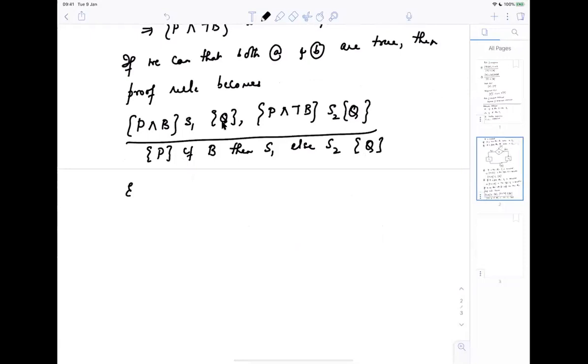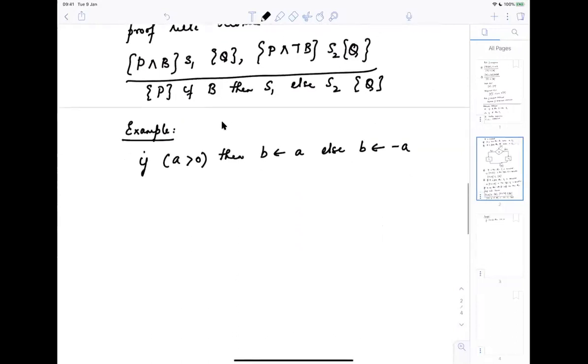Let us take an example. If A is greater than 0, then B is assigned the value of A, else B is assigned the value of minus A. Let the initial assertion or the precondition be true.